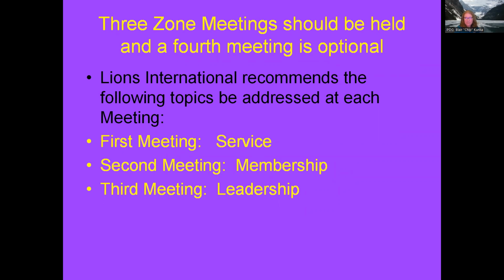The first meeting, service. The second meeting, membership. And the third meeting, leadership. This is not engraved in granite. If your district governor wants you to emphasize membership first, do so.